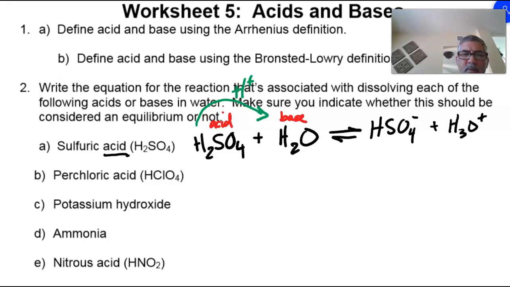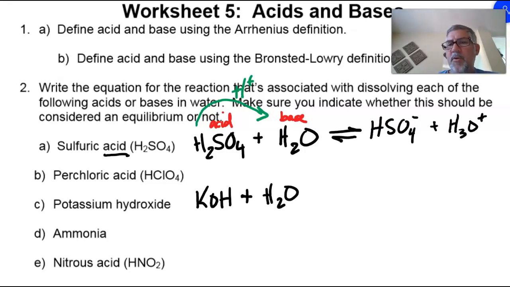All right, so if I look at a base, potassium hydroxide is a base. So remember, water is amphoteric. It'll react with whatever it needs. Now, here we have a situation where potassium is a spectator.